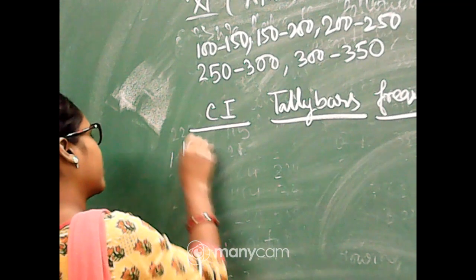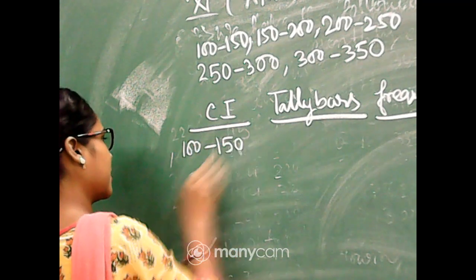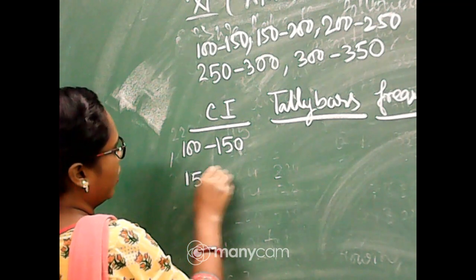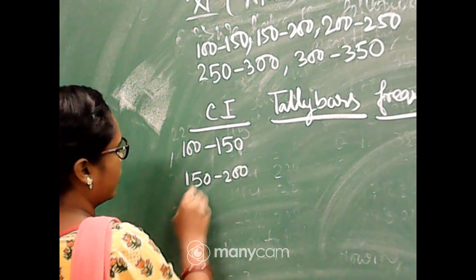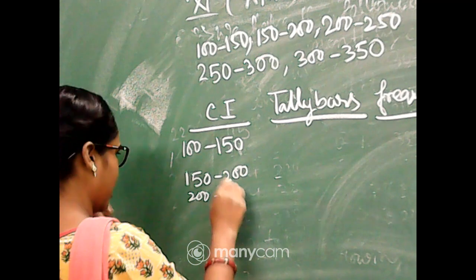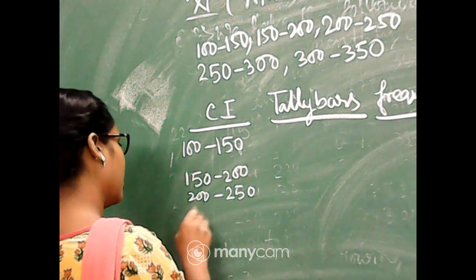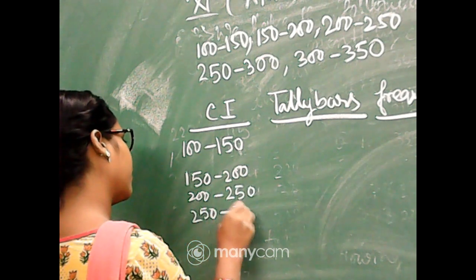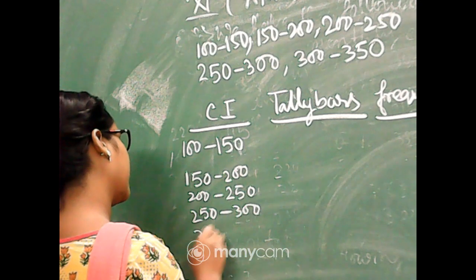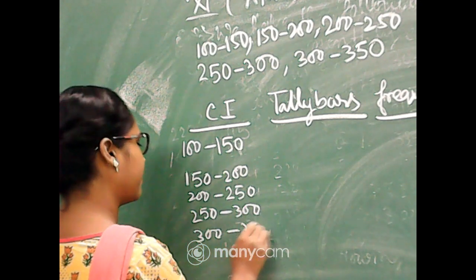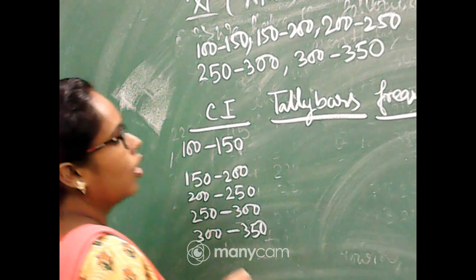So 100 to 150, 150 to 200, 200 to 250, 250 to 300, 300 to 350. Okay.